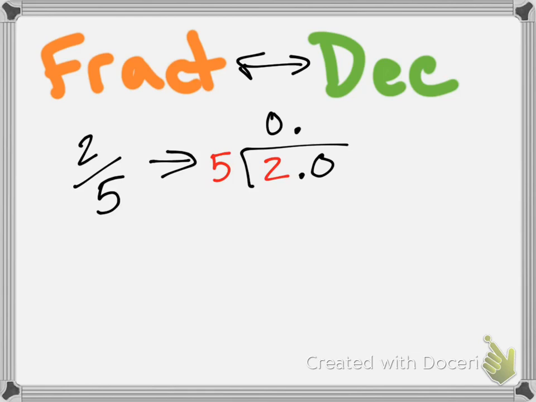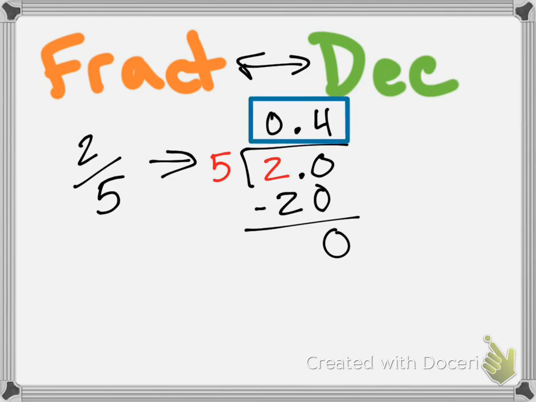Now, how many times does 5 go into 20? I see a couple of you already wrote it because you're speeding ahead. It goes in 4 times, and that is exactly 20. We subtract, we get 0. When you get 0 at the bottom, you're done. There's no remainder. So 2/5 as a decimal is 0.4.